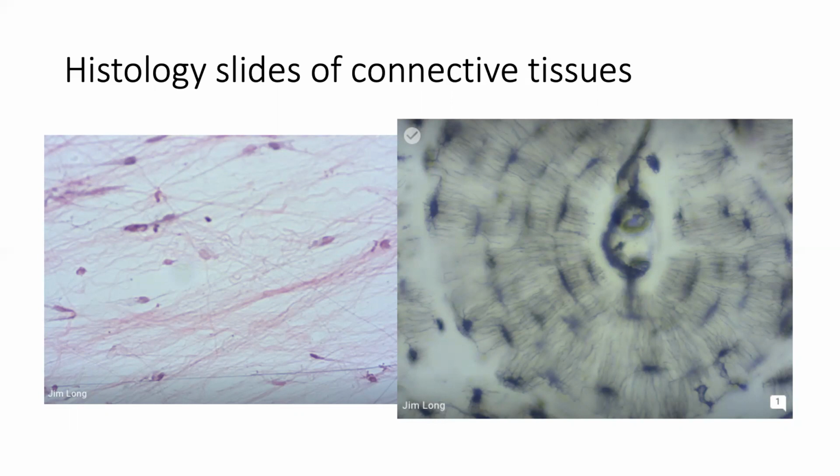Osteon can also be called Haversian system, and the canal in the center, which we see here, is called Haversian canal, and the whole Haversian canal with the surrounding cells and the matrix is the Haversian system, which is also known as osteon. Inside the Haversian canal, we will see the neurovascular bundles, blood vessels and nerves.